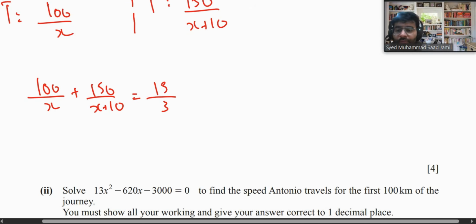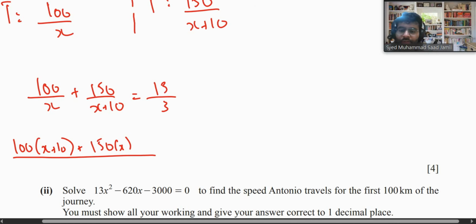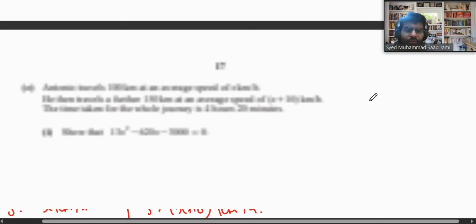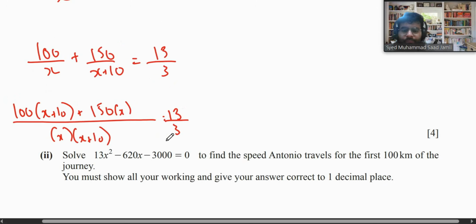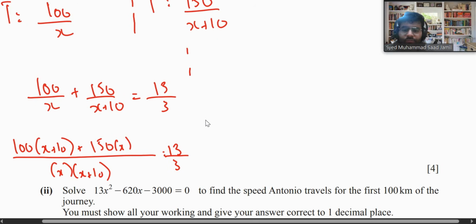Now you will cross multiply, so 100 multiplied by x plus 10 plus 150 multiplied by x upon x multiplied by x plus 10 is equals to 13 upon 3. Is it 13 upon 3? Yeah. So now simple mathematics.